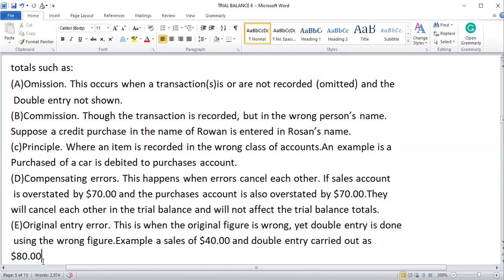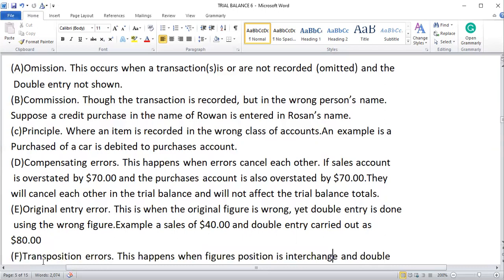If you overstate the credit entry by $80, then you also overstate the debit entry by $80. Although the original amount is $40, once you have overstated both sides by $80, it will still balance. Although you've made a mistake, it will still balance.